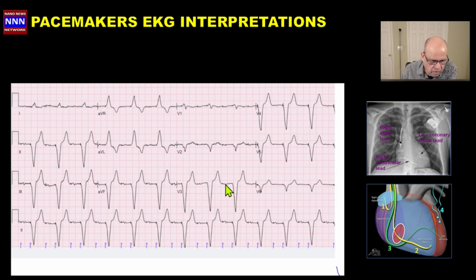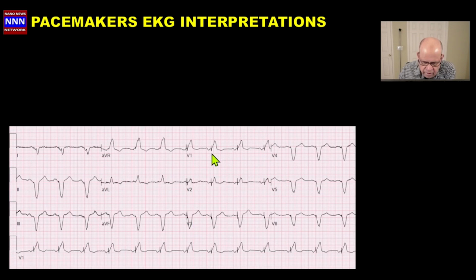And here we have another atrial pacing, ventricular pacing, and same thing, with negative deflection suggestive of a dual chamber pacemaker. A spike here followed by a wide QRS tachycardia.